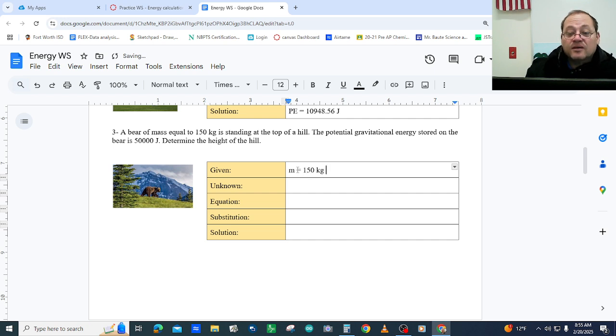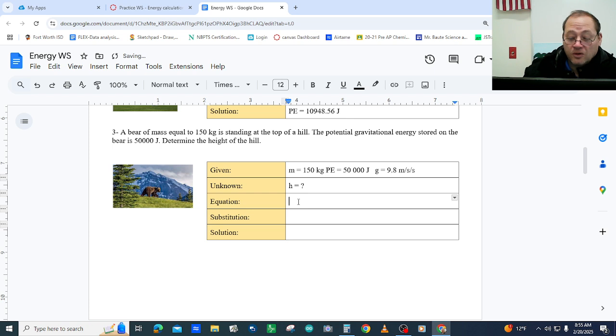It also says that the potential energy stored on the bear, right, is 50,000 joules. And also, we have to pull our gravity because we're going to need it. 9.8 meters per second per second. What is the unknown? It says determine the height of the hill. So h is our unknown.